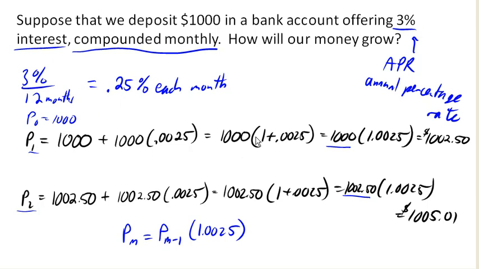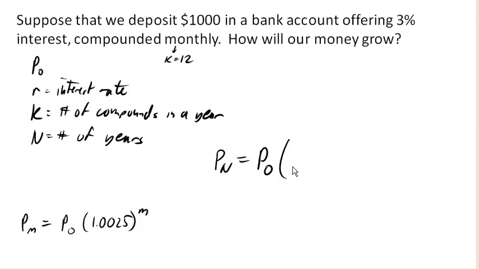So if we go with that idea, then this is going to be 1 plus r divided by k, the interest rate divided by the number of compounding periods in the year. And so this is going to give me the interest per compounding period.